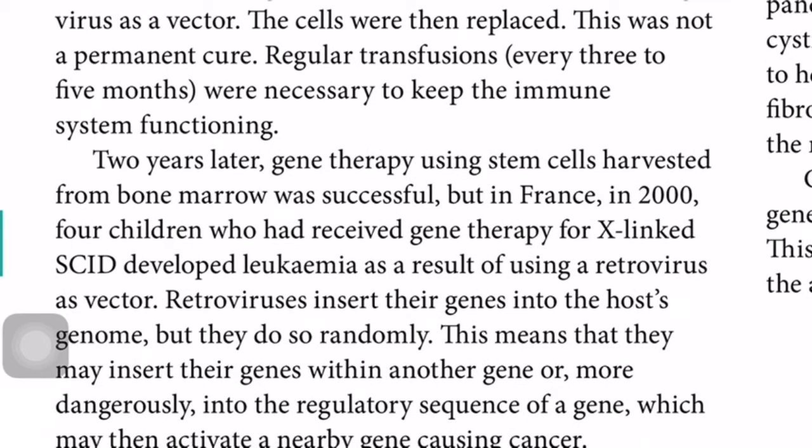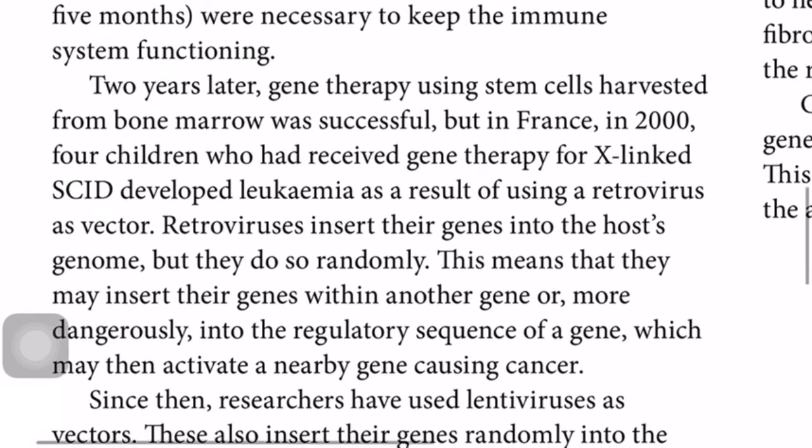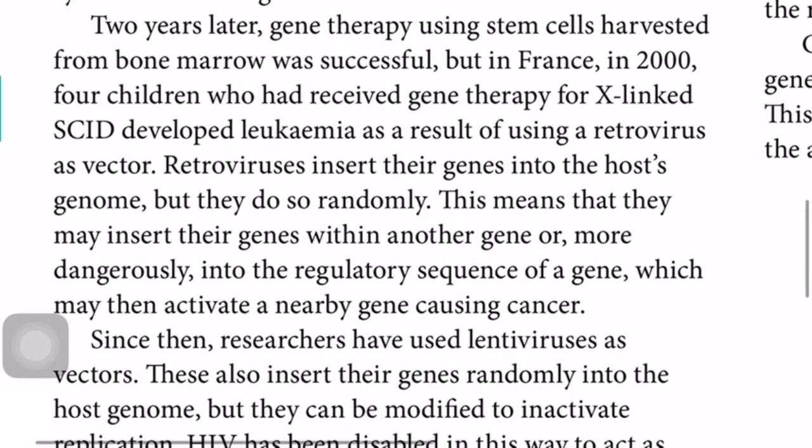This was not a permanent cure. Regular transfusions every 3 to 4 or 5 months were necessary to keep the immune system functioning, because these are T lymphocytes and they cannot pass that gene on to their offspring.